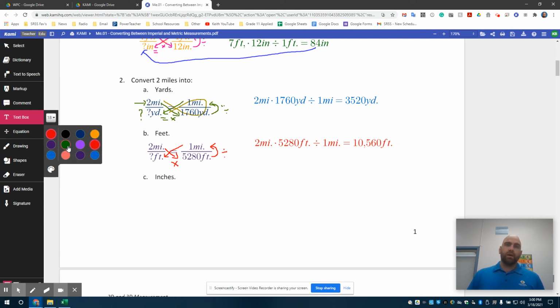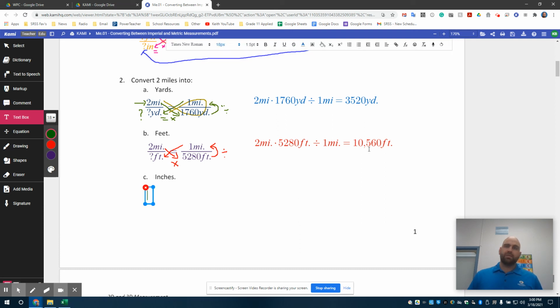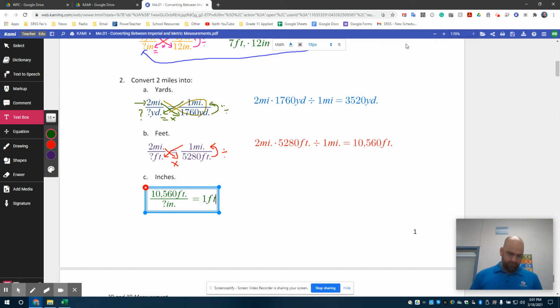So what I'm going to do here is take the 10,560 feet and change that into a certain number of inches. That is equal to 1 foot is the same as 12 inches, and this is something that you may know already.